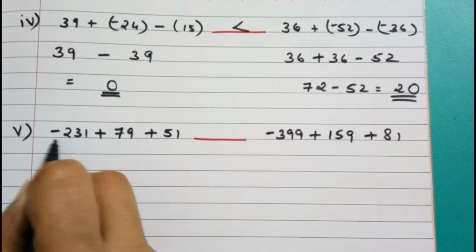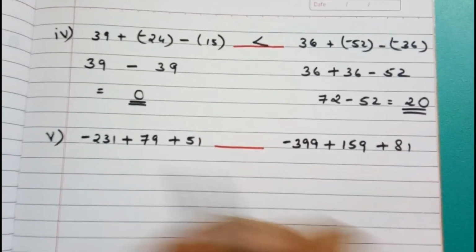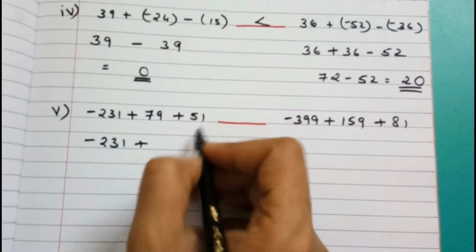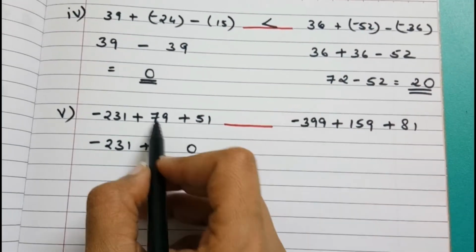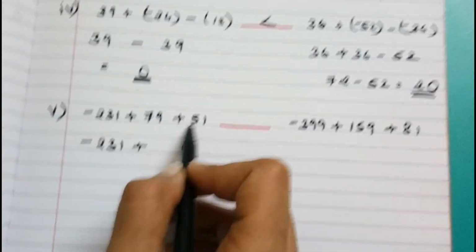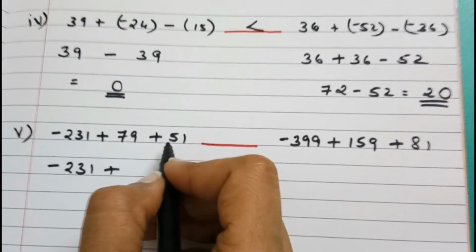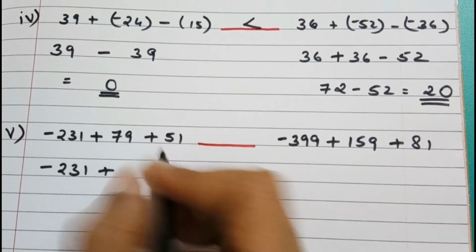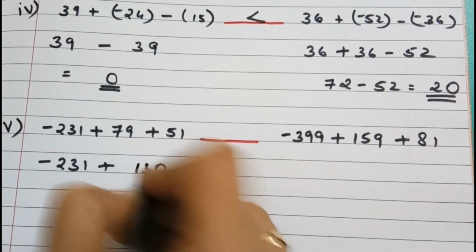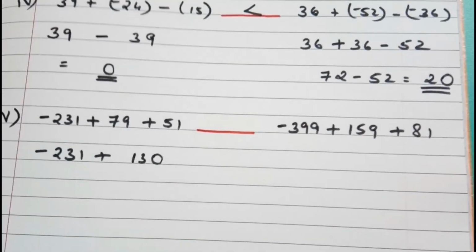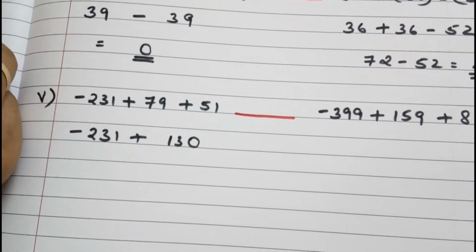Here, since this is a negative and these two are positive, simple we need to do is minus 231 plus 9 plus 1 is 10, carry 1, 7 plus 5 is 12, 12 carry 1 is 13, 130.